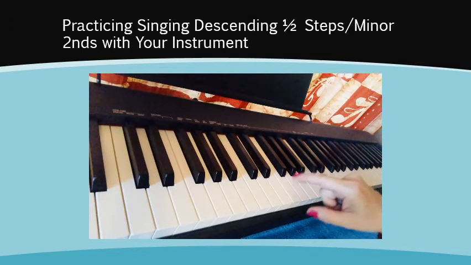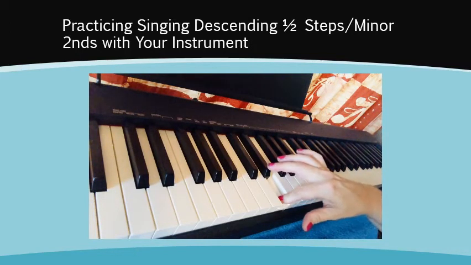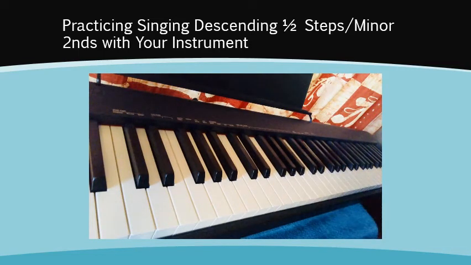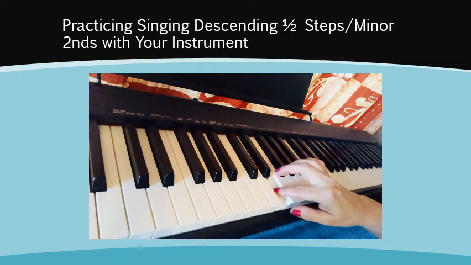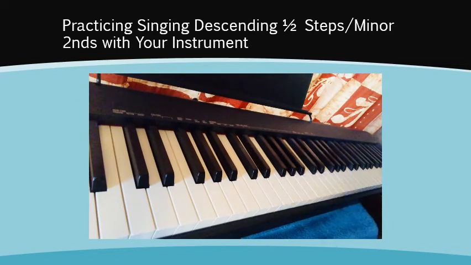Here's the starting note. Should sound like this. Did you get it? Minor second. It's creepy sounding. Descending minor second. That was E to E flat. Great job. Good practicing.